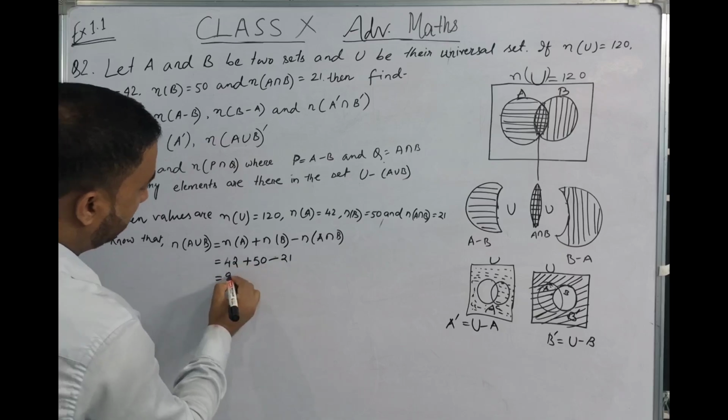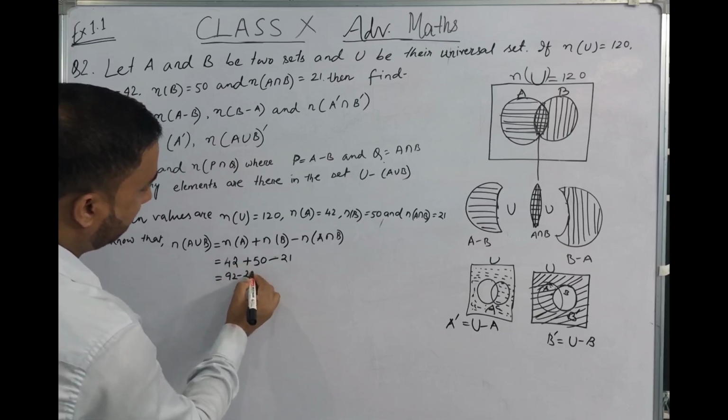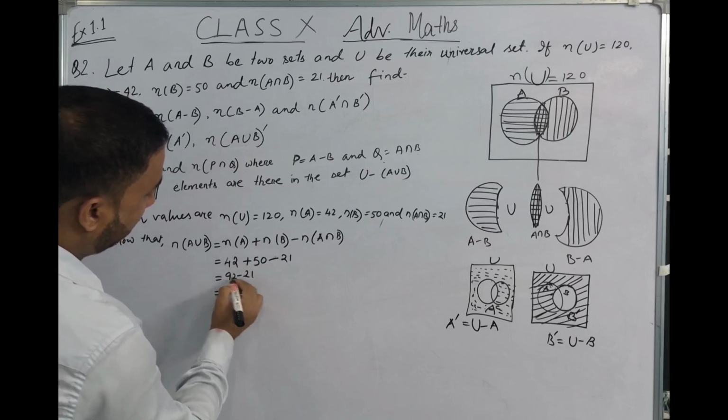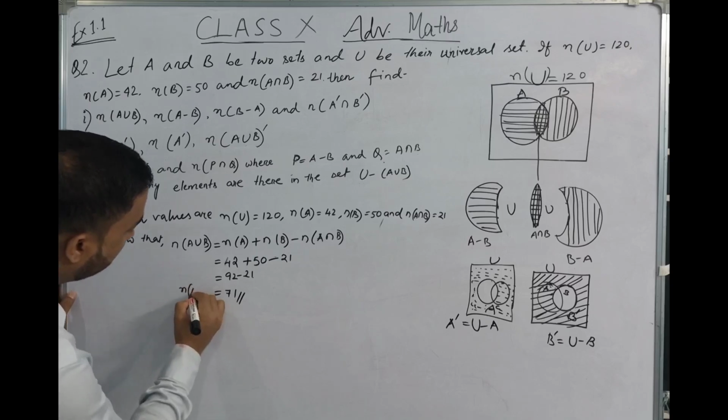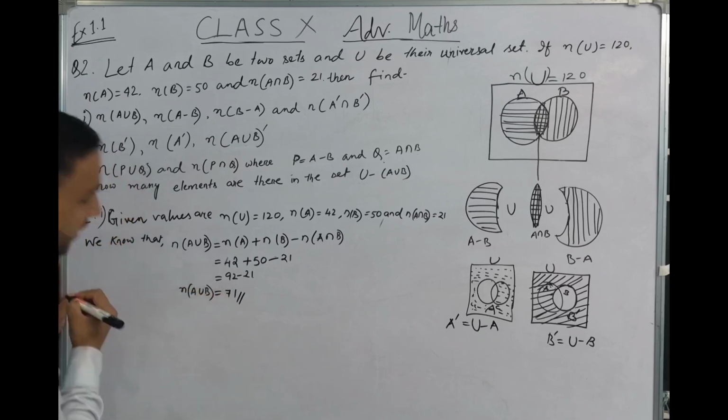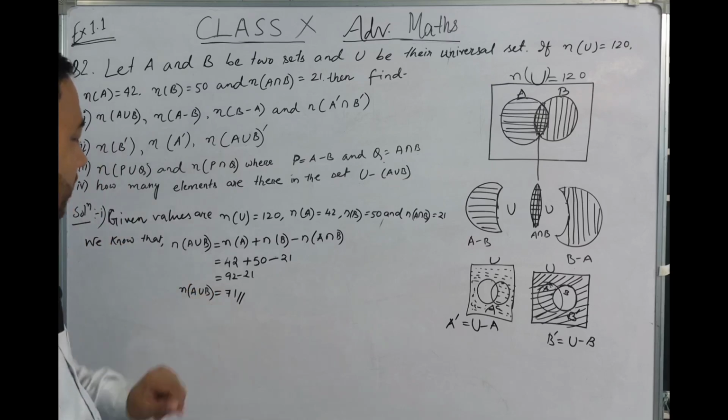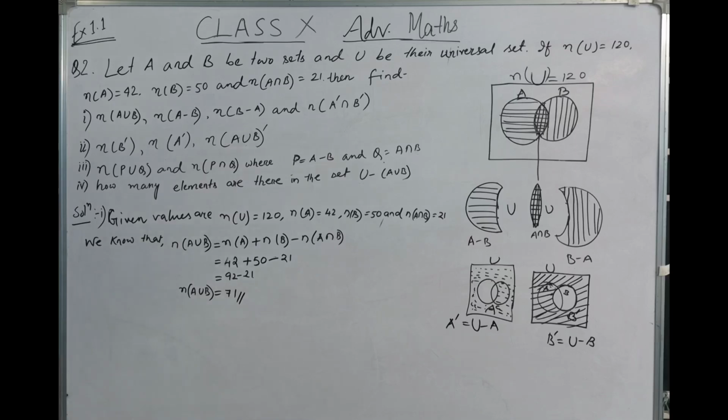So 50 plus 42 is 92, 92 minus 21: 2 minus 1 is 1, 9 minus 2 is 7. So 71 is the number of elements in the set A union B. Number of A union B is now 71.